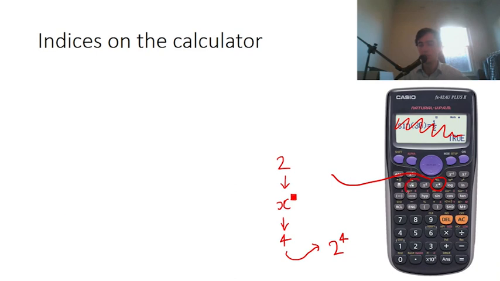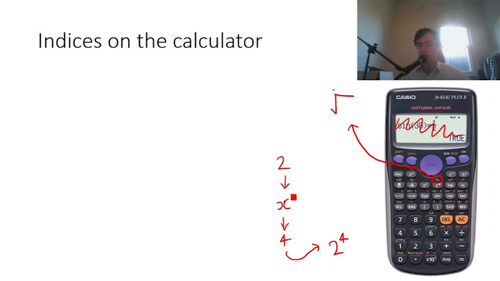You'll also need to make sure you know where the square root button is for future applications as well. And finally, there's another button, this little one over here, which will allow you to do different types of roots.